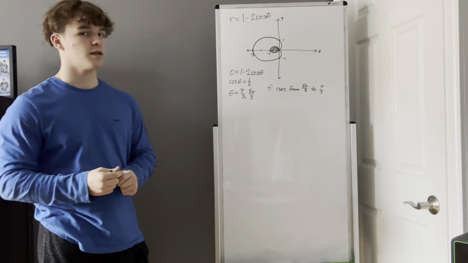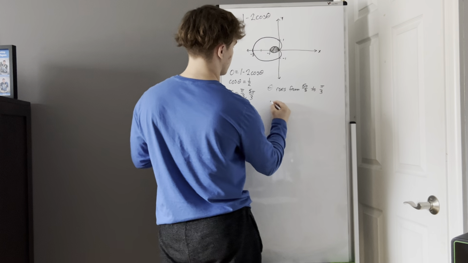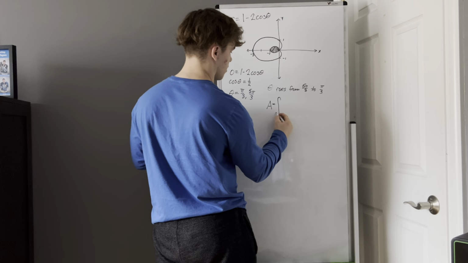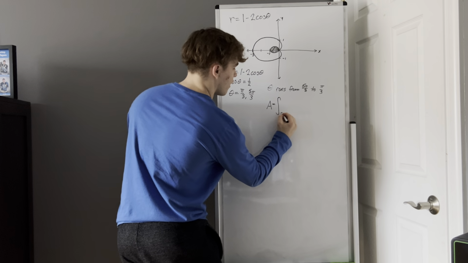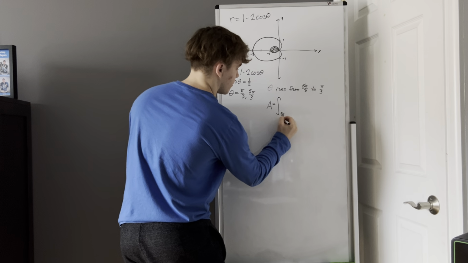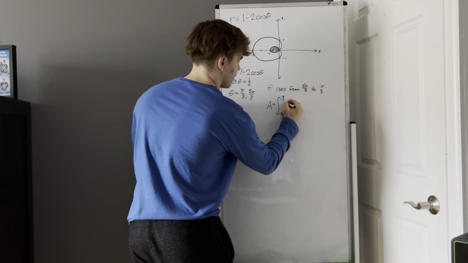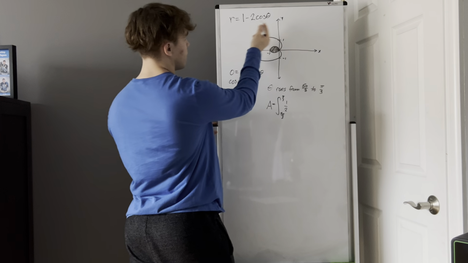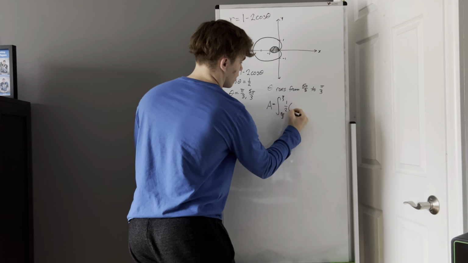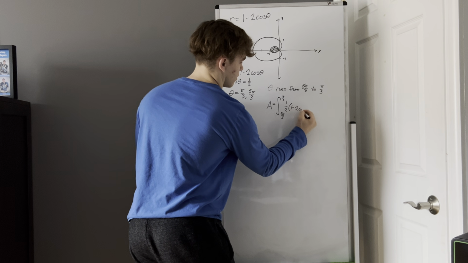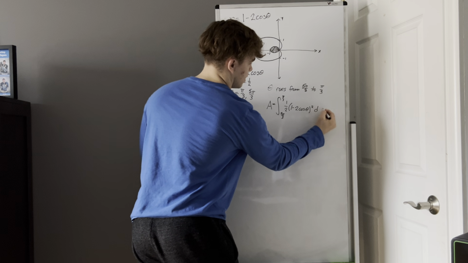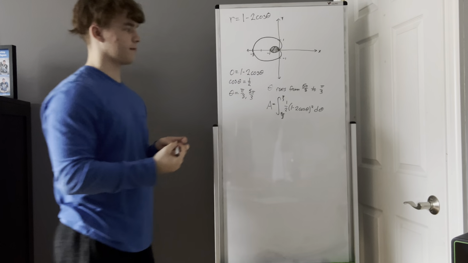And so just plugging this into our formula, we get the area equals the integral from 5 pi over 3 on the bottom to pi over 3 of 1 over 2 r squared, which is 1 minus 2 cosine theta, all squared, d theta.